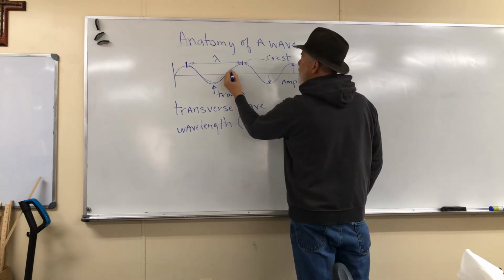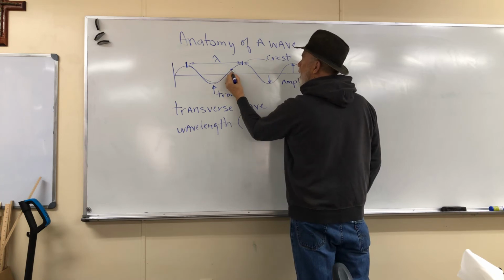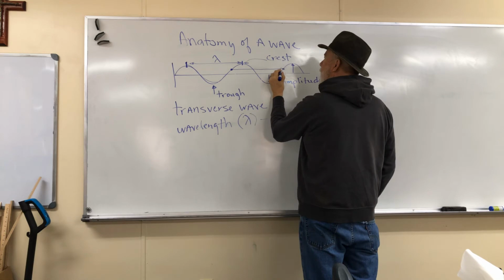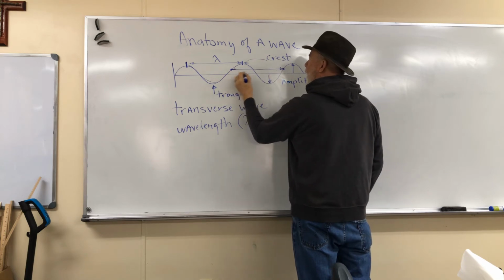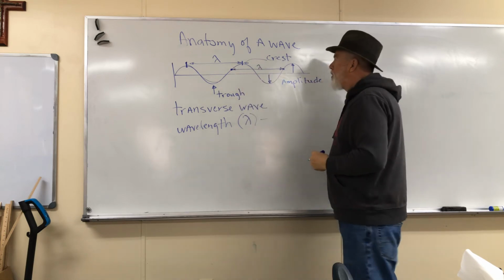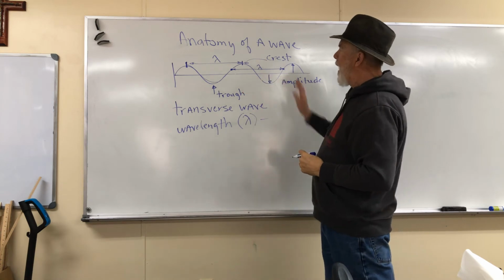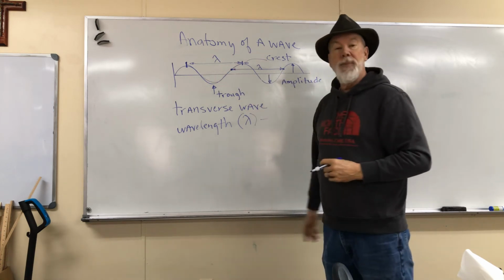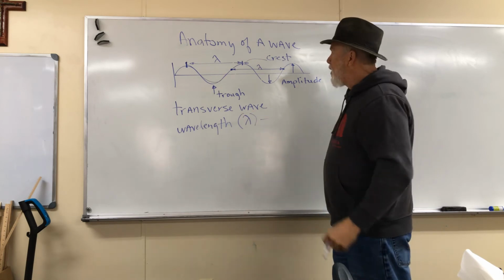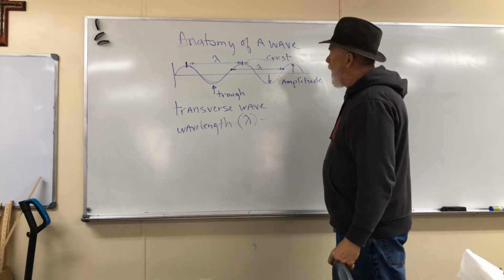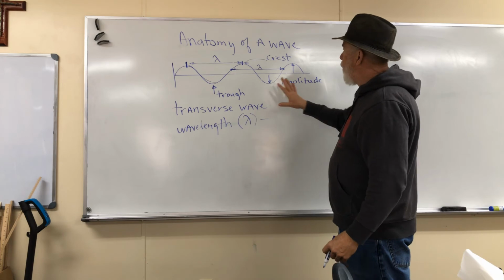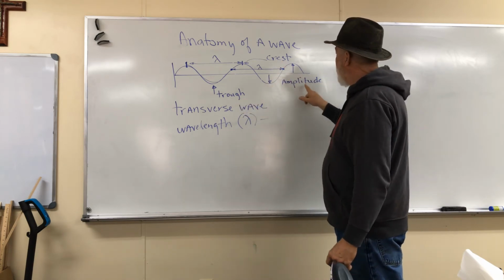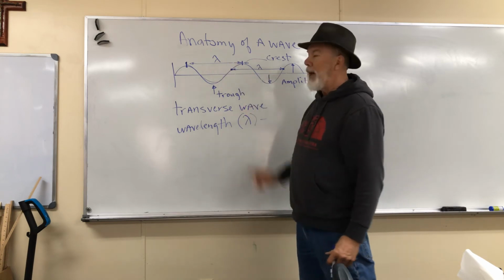So if I was starting right here, I would go through the wave to right here, and that also would be considered a wavelength. Now, if I drew that wave properly, that length and that length should have been the same. So on a transverse wave, we've got 4 basic parts. We've got the trough, the crest, the amplitude, and the wavelength.